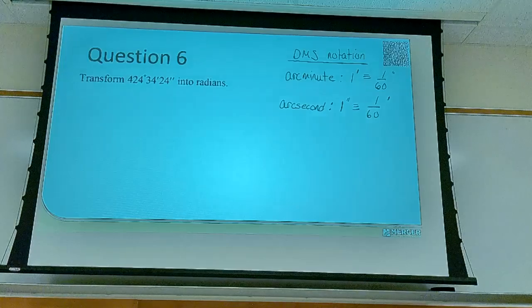An easy way to remember this is that it works precisely like hours, minutes, seconds. Degree would be an hour. 60 seconds in a minute, 60 minutes in an hour, 3,600 seconds in an hour. It behaves the exact same way as time in that regard.